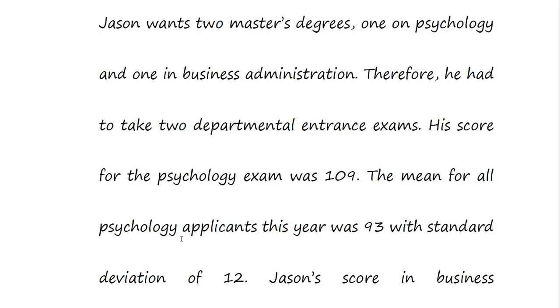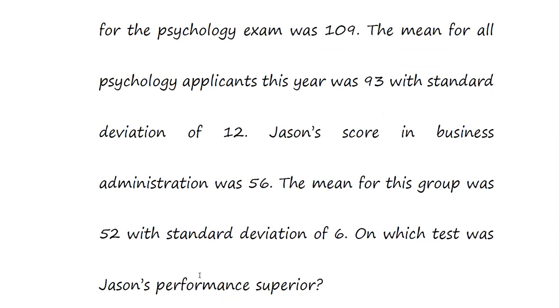The mean of our psychology applicants this year was 93, with a standard deviation of 12. Jason's score in business administration was 56, and the mean of this group was 52 with a standard deviation of 6. On which test was Jason's performance superior?